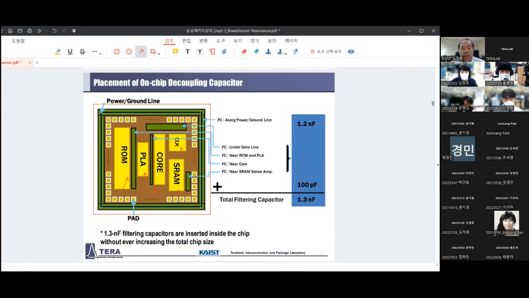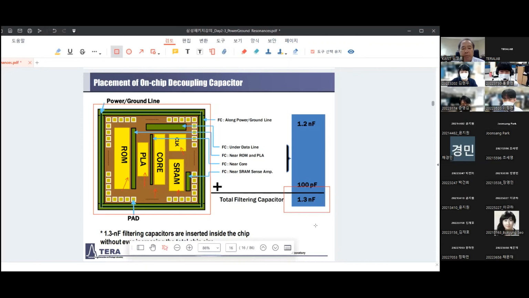And initially, they didn't add any decoupling capacitor inside the chip because they didn't know anything about PDN design. So we worked together to add 1.3 nanofarad decoupling capacitors. Some of them are MIM type capacitors, which I was talking about today.